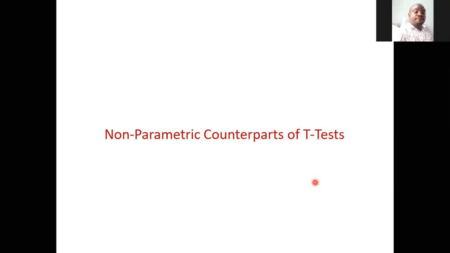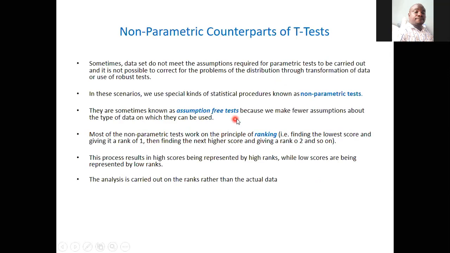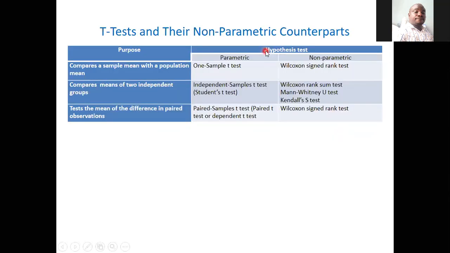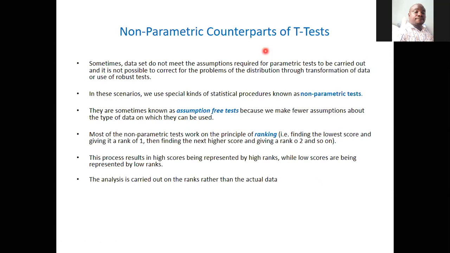So each of the different types of t-tests also has its own non-parametric counterpart. So that's what we want to look at this evening, the non-parametric counterparts of t-tests generally, not necessarily the student t-test. As I've said, when the requirements for using parametric tests are not met, you can opt for them.